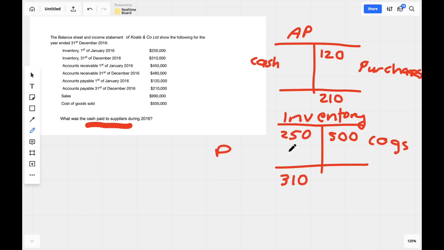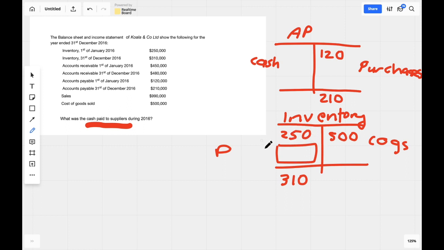So the component we need to work out is the purchases. We take our opening balance, which is $250,000, and deduct our cost of goods sold. 250 minus 500 is negative 250.